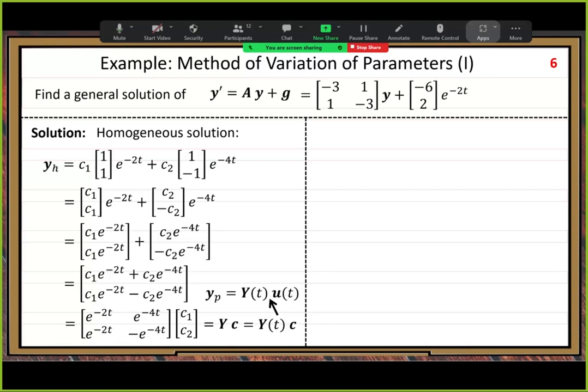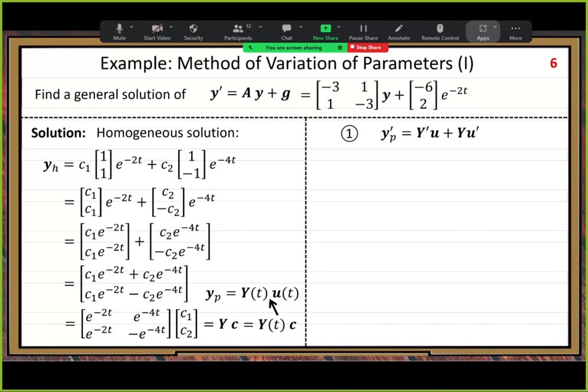Yp is for non-homogeneous, containing the G part. If we do not do this big change, we have no chance to get a solution containing the G part. So that's the reason. But the U functions, U1, U2, can be determined by the formula.